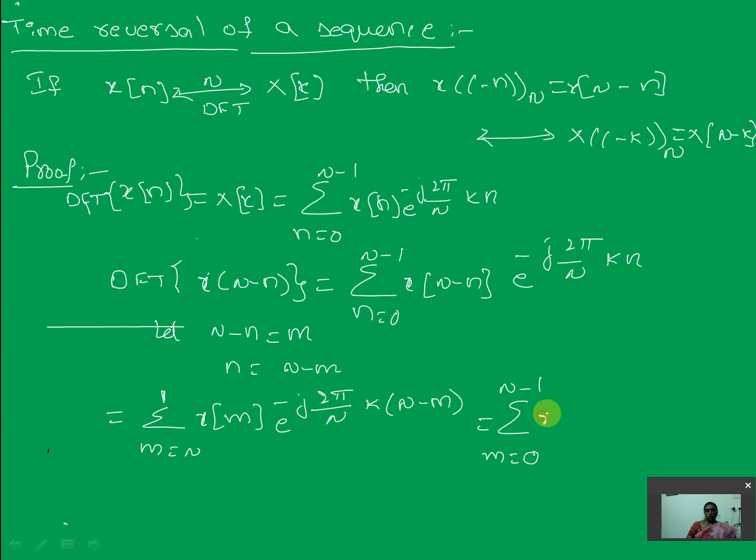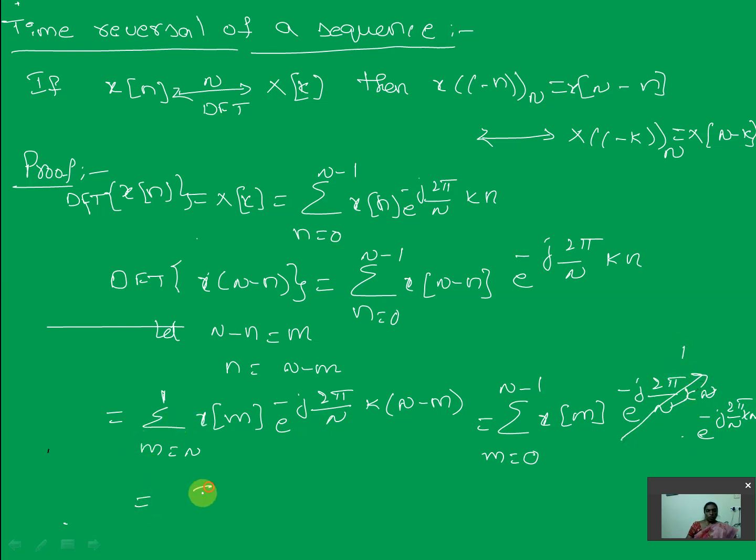So now x of m e power minus j 2 pi by N kN into e power minus j 2 pi by N km. Now e power minus j 2 pi into k leaves the value 1.